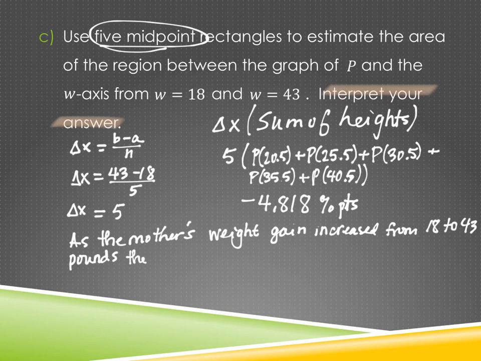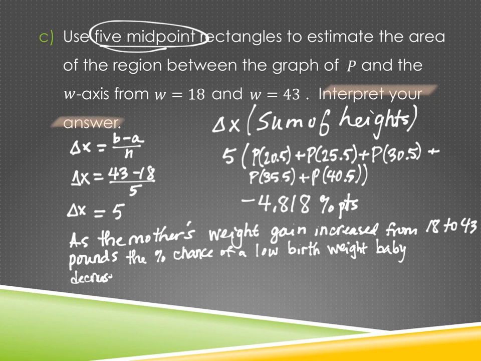The percentage, let me say it that way, chance of a low birth weight baby decreases by 4.818%.